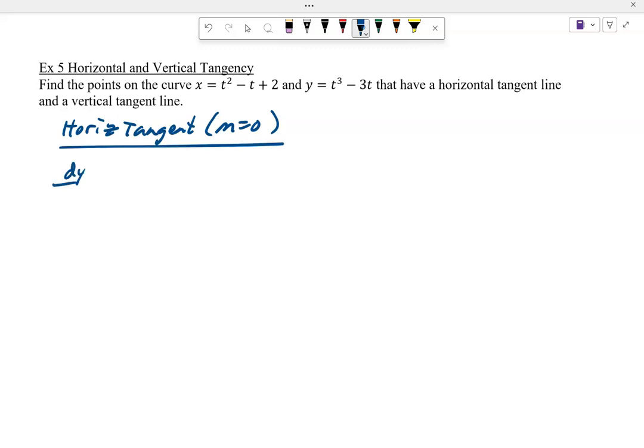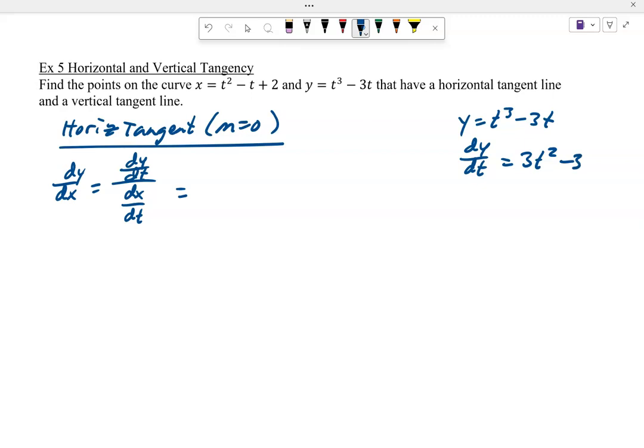When does it have a slope that's 0? So we need dy/dx. Well, we know dy/dx is dy/dt over dx/dt. We have y is t cubed minus 3t, so dy/dt is 3t squared minus 3. We also have x being t squared minus t plus 2, so dx/dt is 2t minus 1. So let's throw those in. I got (3t squared minus 3) over (2t minus 1).